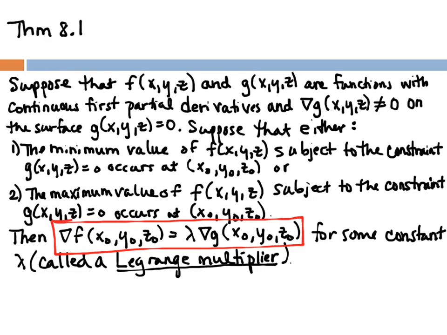So the question is, how do we use this information to actually find these maximum and minimum values? I don't always do this in mathematics because sometimes it's better to move through things intuitively, but I am going to go with it on this one. I'm going to give you a procedure on how you go about doing a problem like this. The first thing you have to do is set up your g of x, y, z equation.